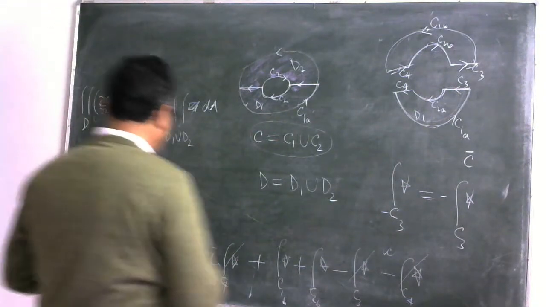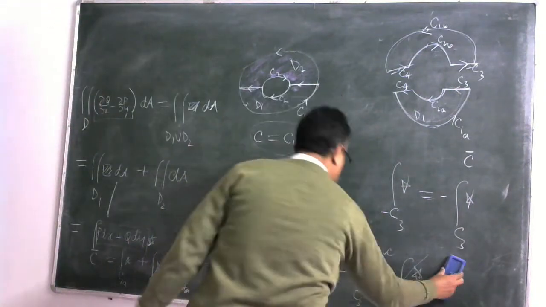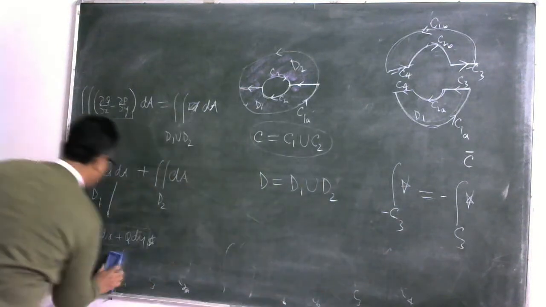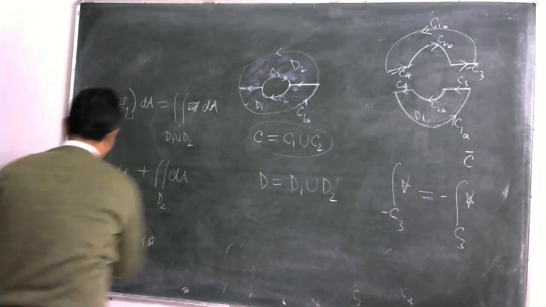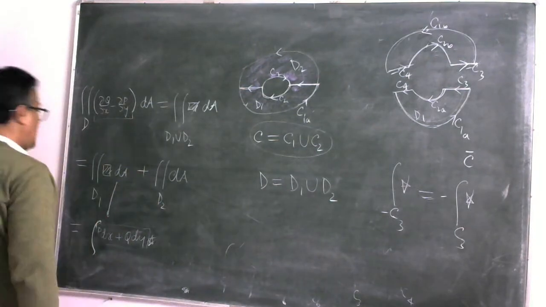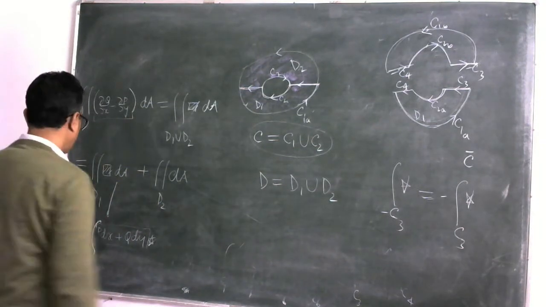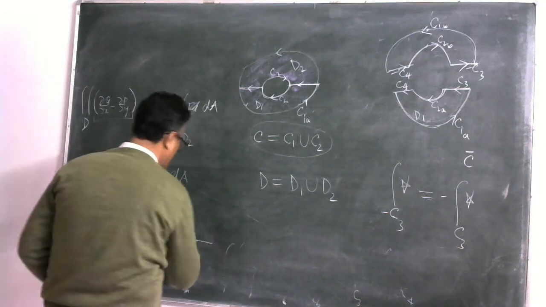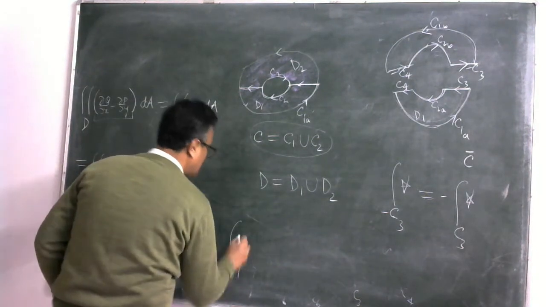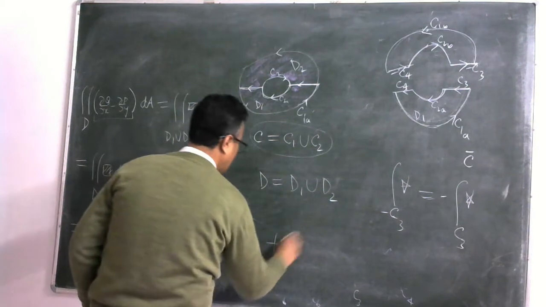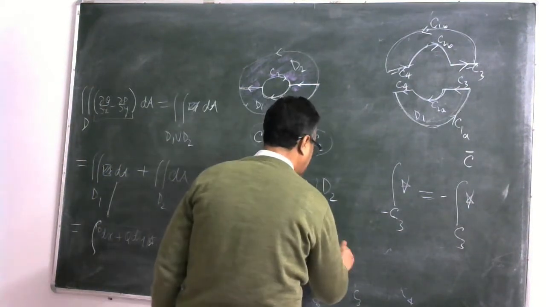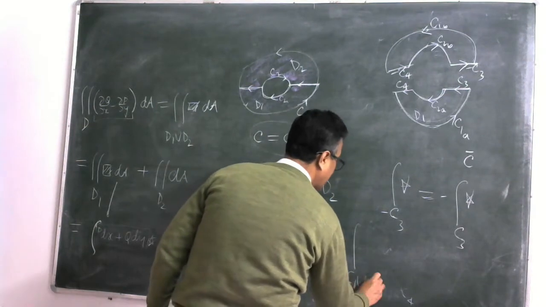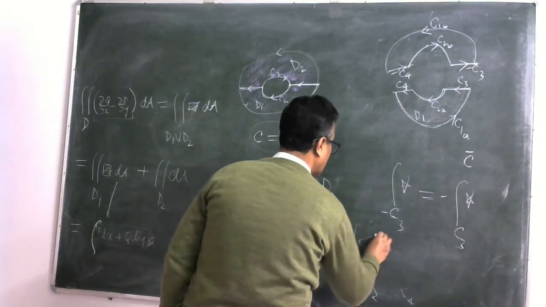So eventually this is going to lead me to simply the integral over C1 plus the integral over C2, and this is nothing but I can again write as C1 union C2, right?